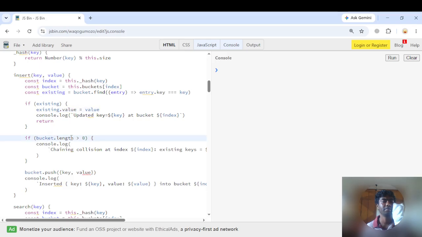Else if the bucket at the specific index is already having a value, then we say that there is a collision, then we push such objects to it, right? So key and a value, right? So that's about it. This is a simple insertion method.